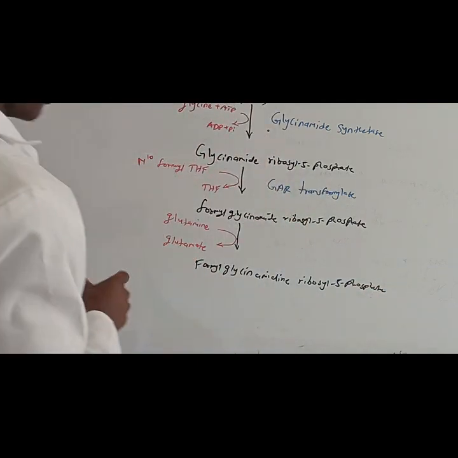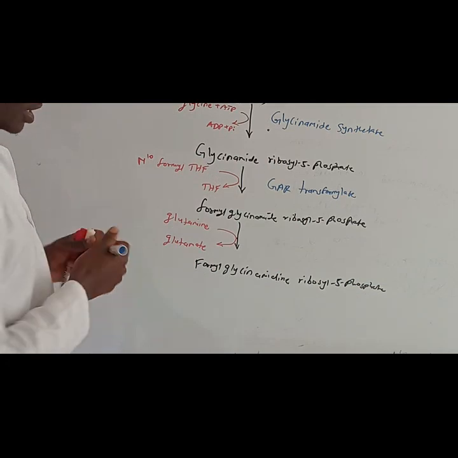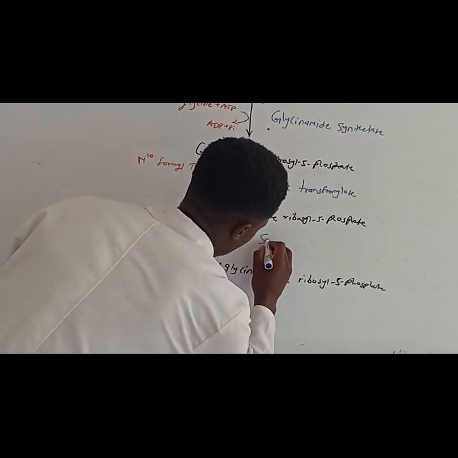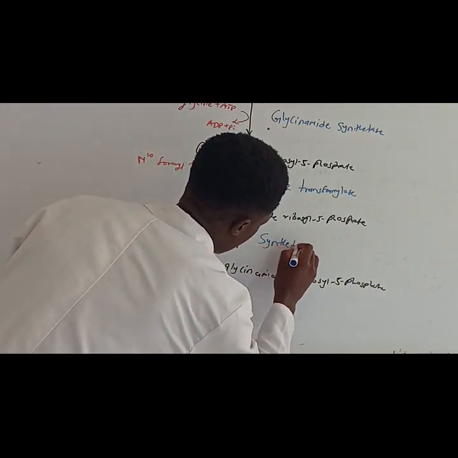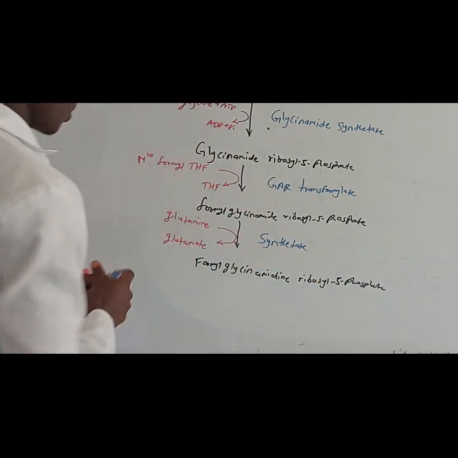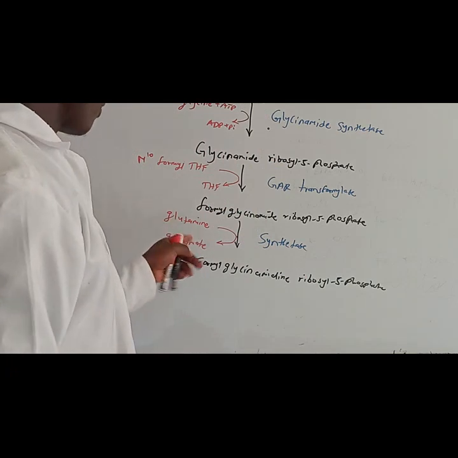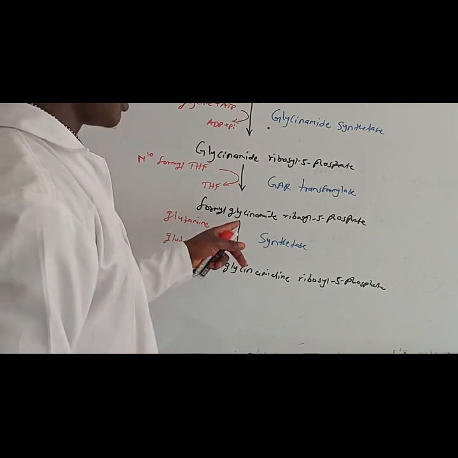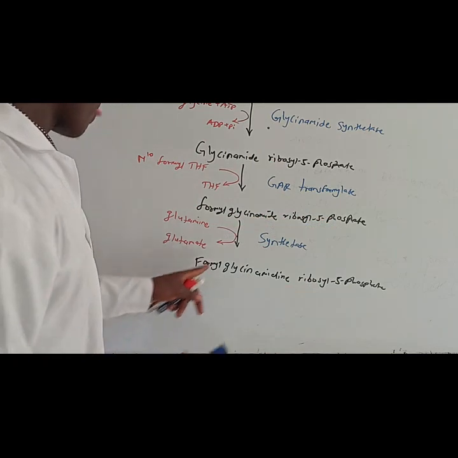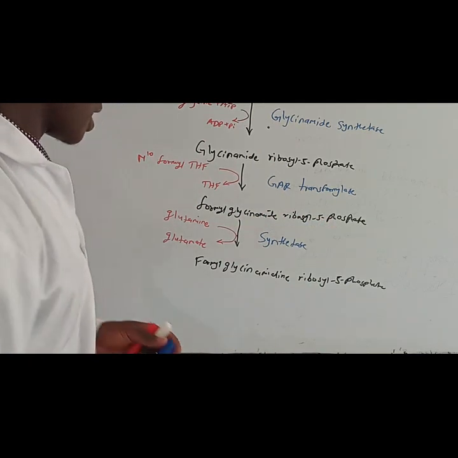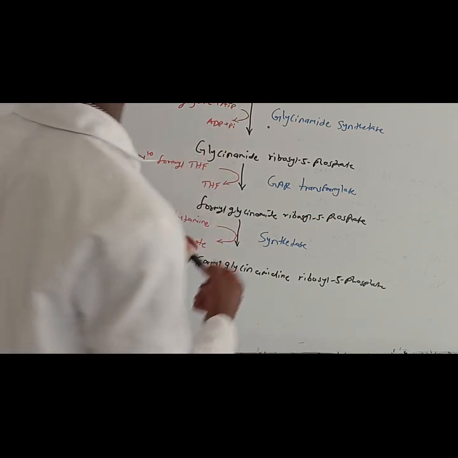And this reaction is going to be catalyzed by an enzyme called synthetase. It's going to take the amino group from glutamine and add it to formyl glycinamide ribosyl 5-phosphate. Alright, let's move on.